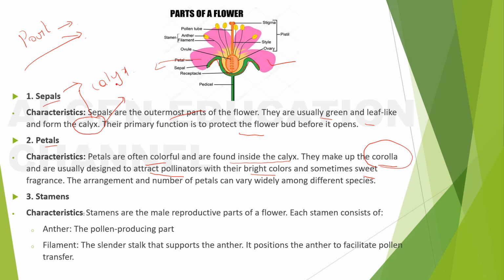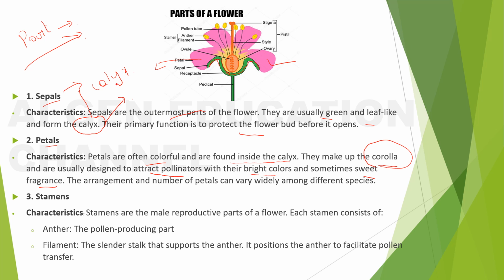What are pollinators? The insects, the bees, whichever help in pollination are called pollinators. So in order to attract these pollinators, the bright colors and the sweet fragrance of the petals will be helpful. The arrangement and number of petals can vary widely among the different species.